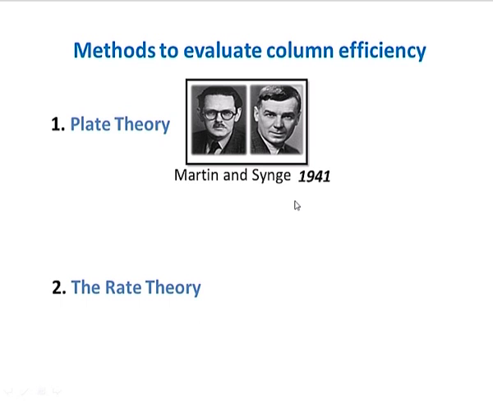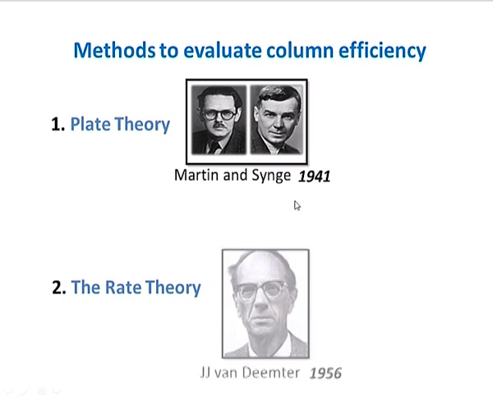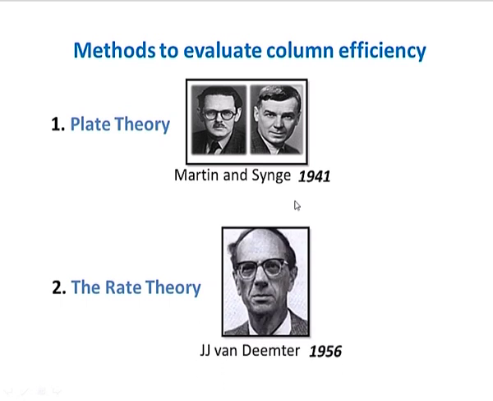And the second theory is a rate theory, which was proposed by another eminent scientist, Van Deemter, in 1956. This Martin and Synge theory is old, whereas this Van Deemter is comparatively a recent theory to explain column efficiency. We will start to understand this plate theory and dwell upon how this is related with column efficiency.